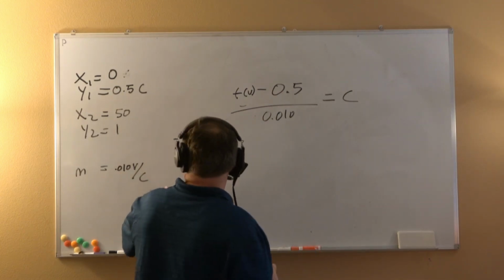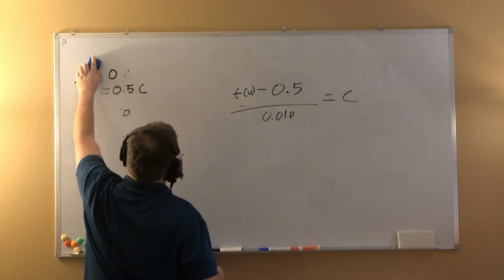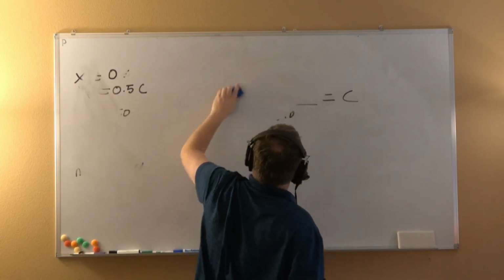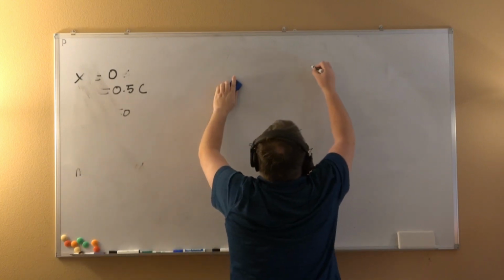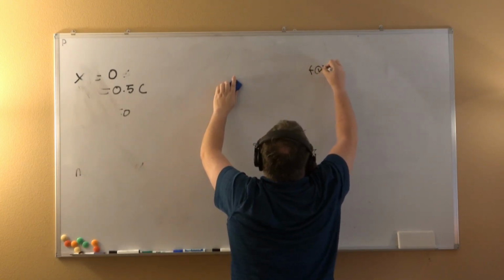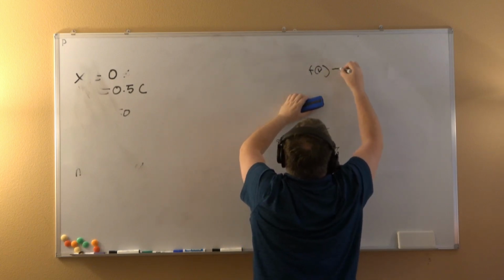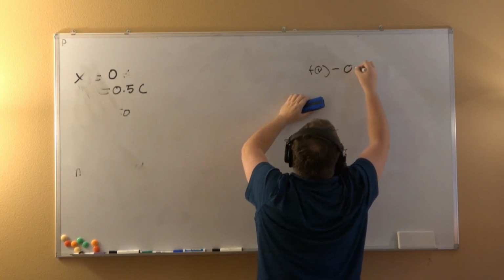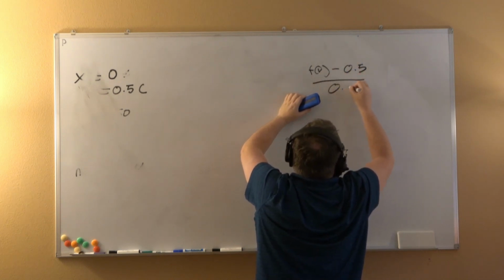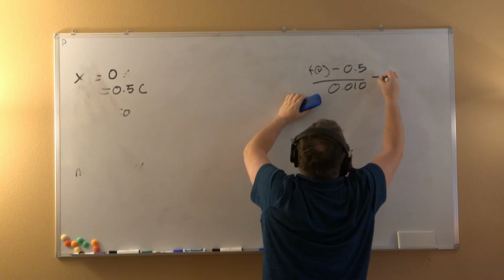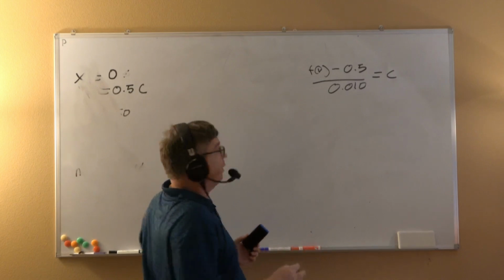Okay? All right, so when we turn it into a function, oh, these things suck. I hate these. Turn it into a function, so let's go ahead and take that: function of V equals V minus 0.5 divided by 0.010 equals C. Okay, so I guess we could take it a bit further.